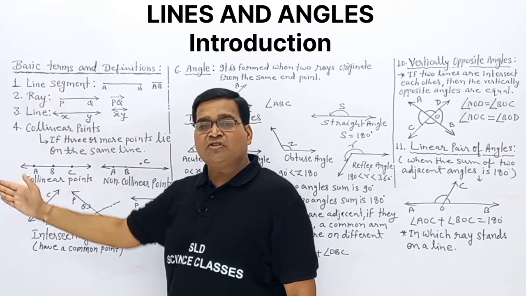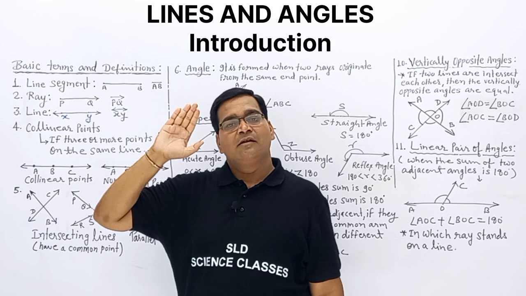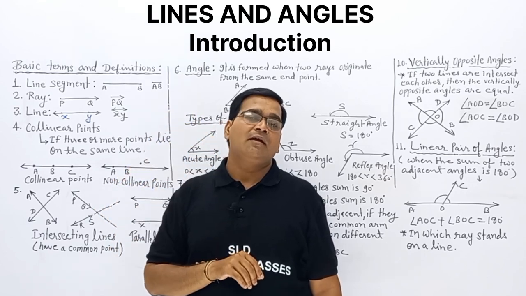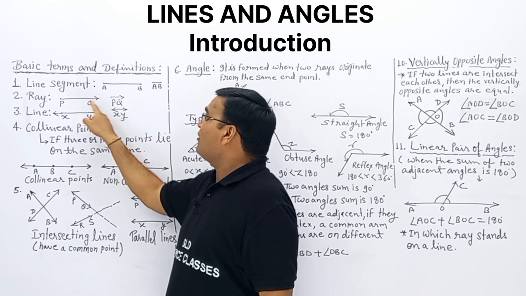One side is a fixed point, but towards the right we can go indefinitely. So how will we represent this?